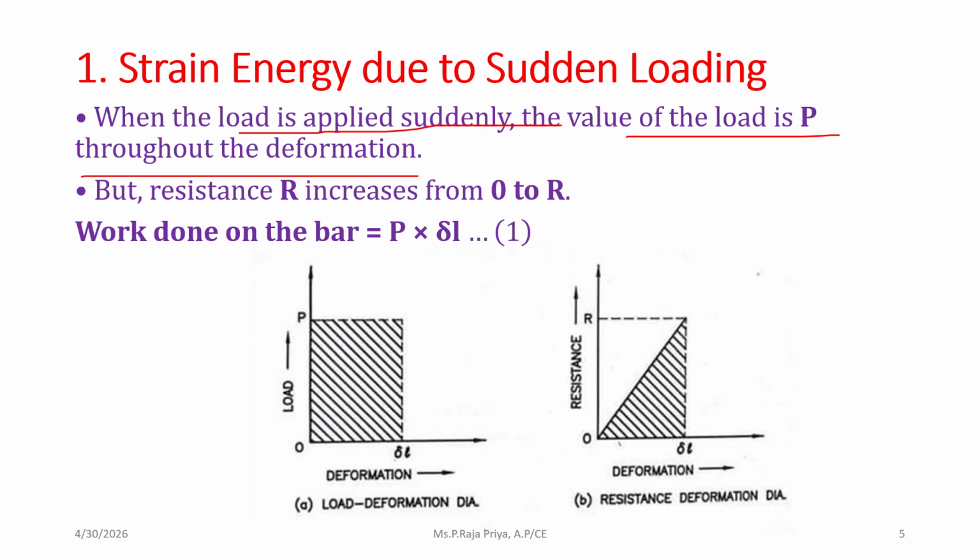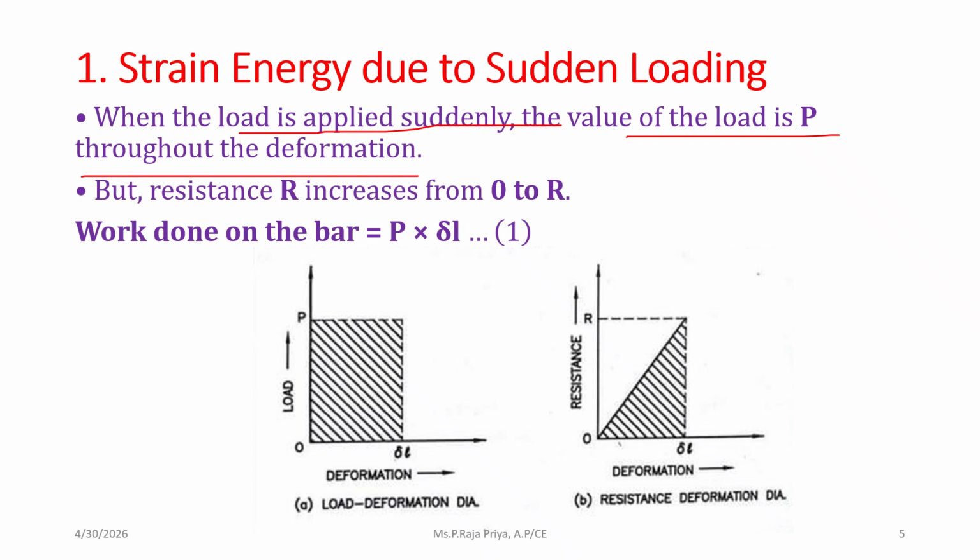But the resistance will always increase from 0 to R. And this is the load deformation diagram, and this is the resistance deformation diagram. The work done on the bar will be based on this one, and the work stored will be based on this diagram. First one, work done on the bar will be load into deformation.